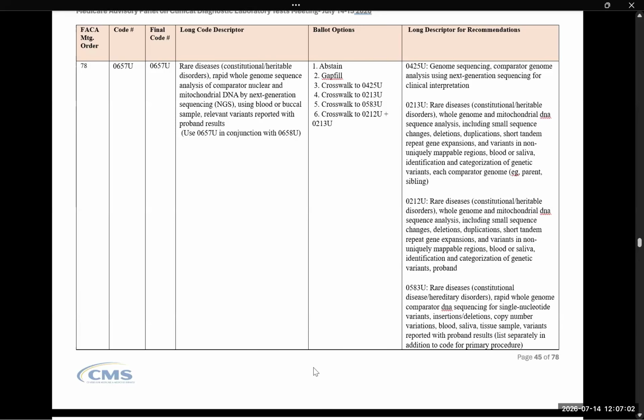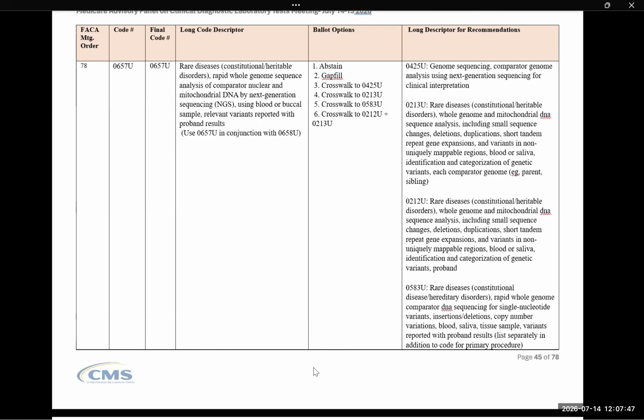So there was a recommendation by the submitter to crosswalk this code to 0425U. We considered multiple options as the panel, and we, as the panel, have recommended specifically a crosswalk to 0212U plus 0213U. The methodology, resources, etc., are virtually identical in these codes to the new code that's been obtained by this vendor.